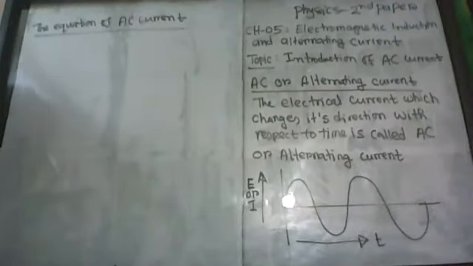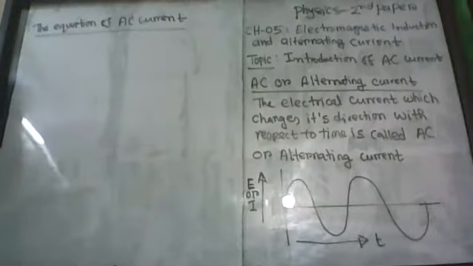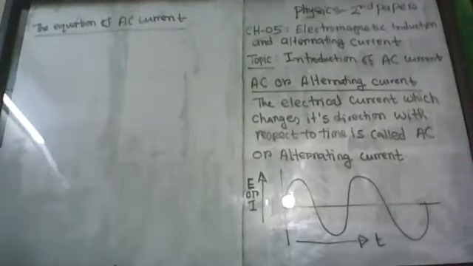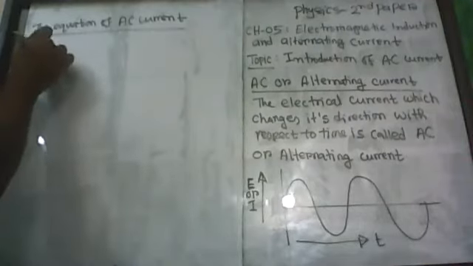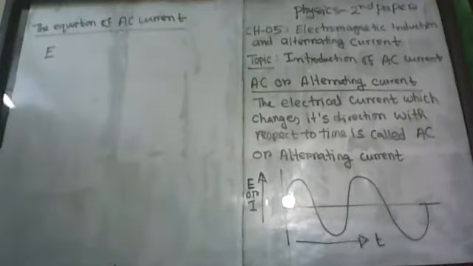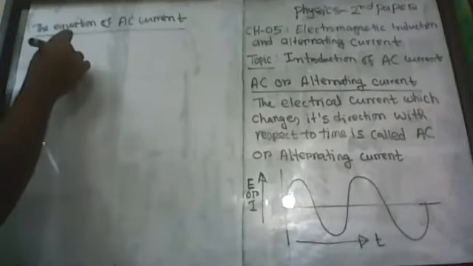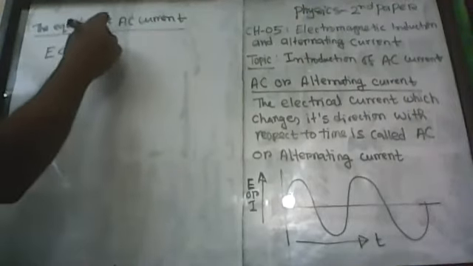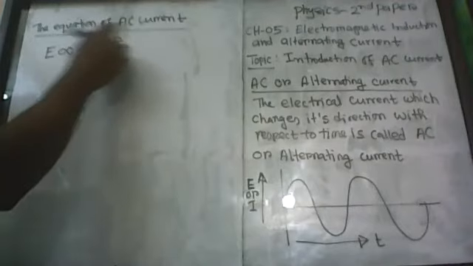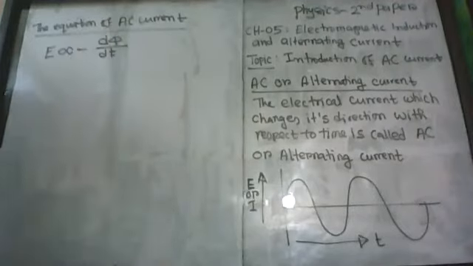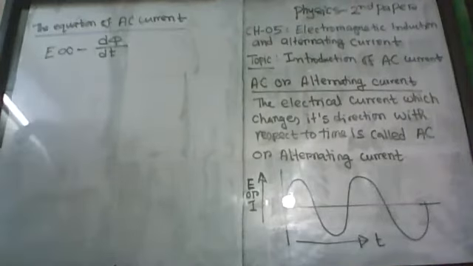So by using Faraday's second law, we can calculate the magnetic electromotive force or voltage. On the basis of this law, we can say that the induced electromotive force E is directly proportional to the negative of the rate of change of magnetic flux, d phi by dt.